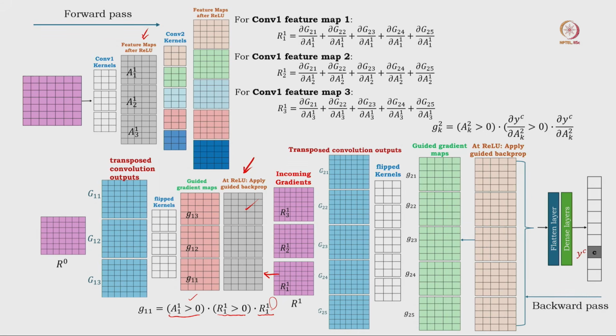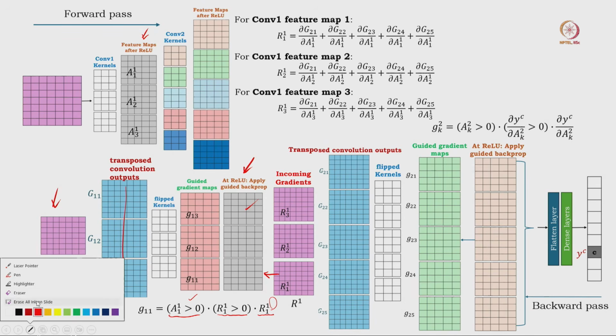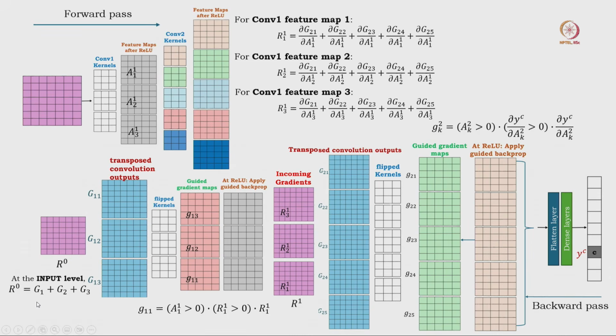This is your backward ReLU mask, and you are obtaining G11. In a similar way you will get G12, G13. Then you will apply it on a flipped kernel, and you are going to get these transposed convolution outputs. Finally, you add up all of these, and here is where it will highlight which are the pixel values that are important during model prediction.